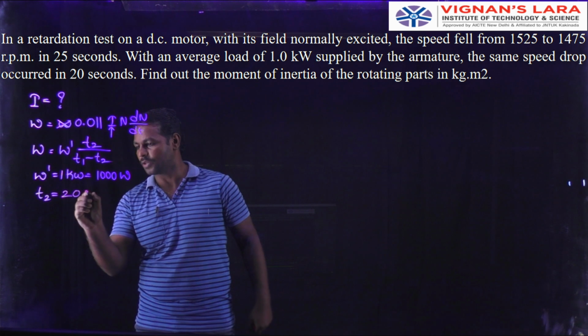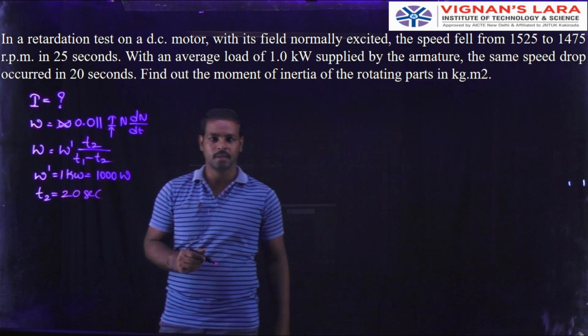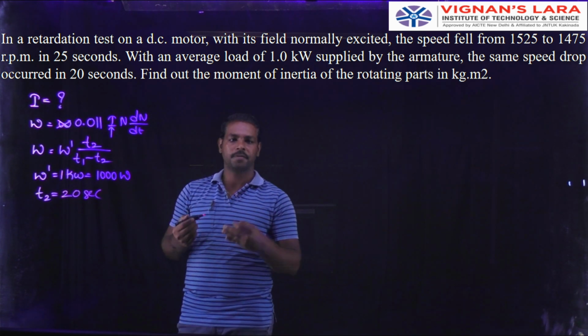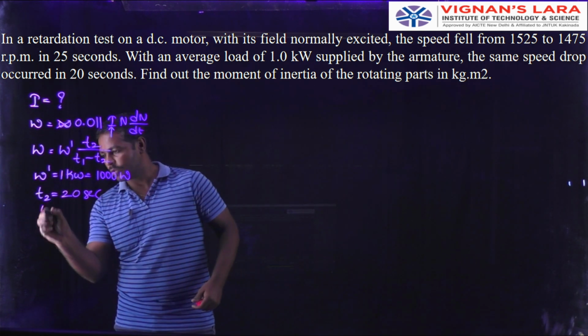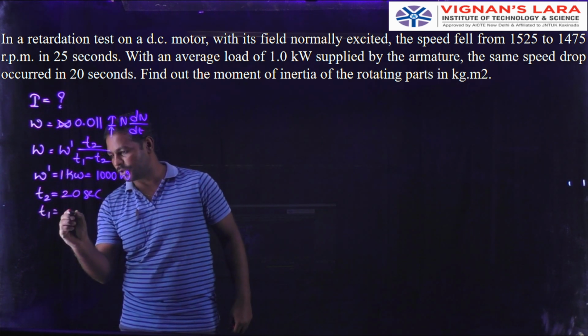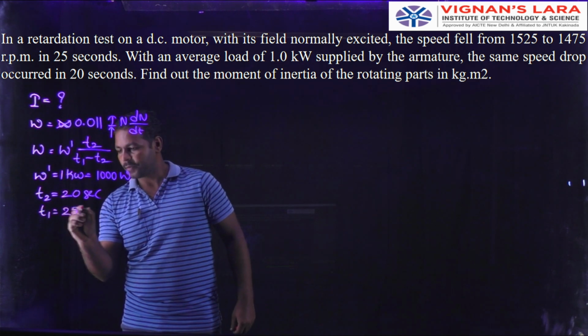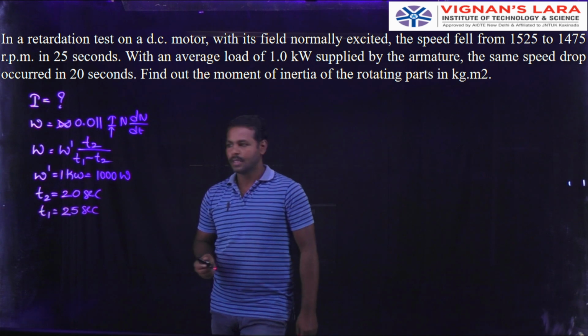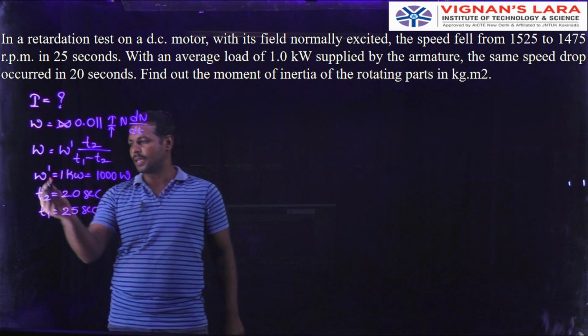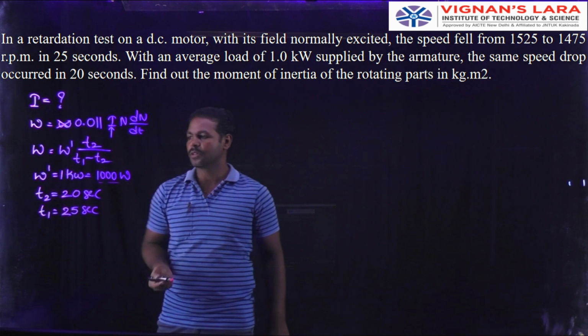The speed also fell from 1525 to 1475 RPM in 25 seconds, so T1 is 25 seconds. So the T1 and T2 values are known, and W dash is 1000 watts.